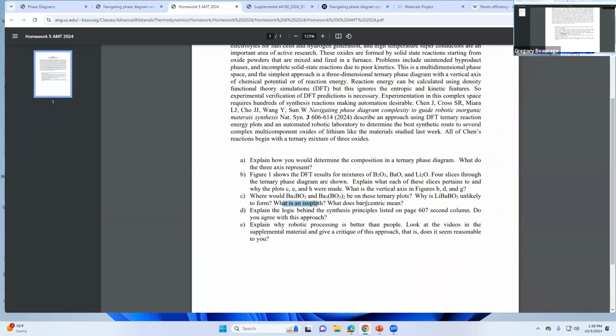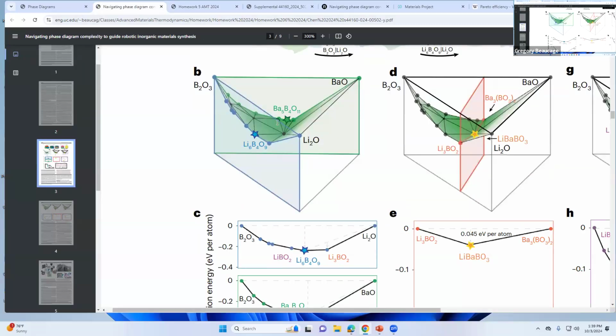And then barycentric means that if you find a composition in here, it's already got the stoichiometry worked out. Because it's a ternary diagram, the compositions have to add up. Like if it's 20% B2O3 and 20% Li2O, it has to be 60% BaO.